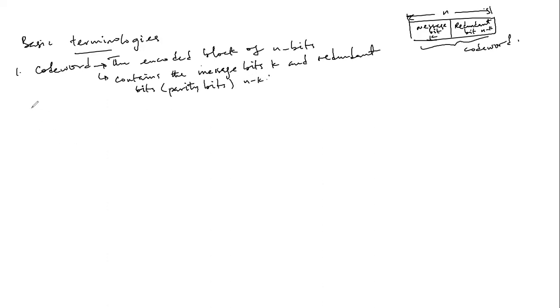Then we have the block length n, which is the number of bits n after coding.